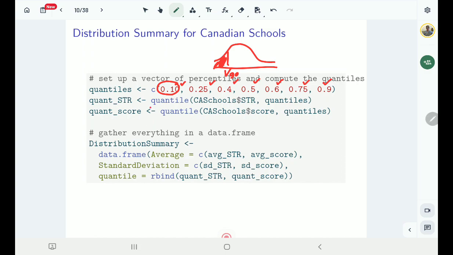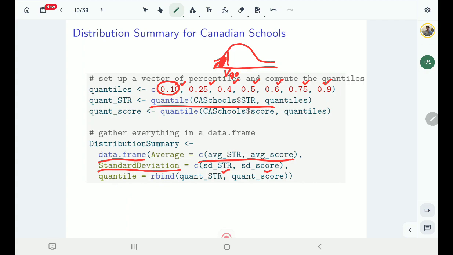Anyway, so we calculate the quantiles using the quantile function for both STR and score variables, and then we put everything into the container by using the data frame function. So the average is basically a vector. The first column of the data frame is the average. The second column is the standard deviation, again a vector of standard deviations, first for STR and second for score.